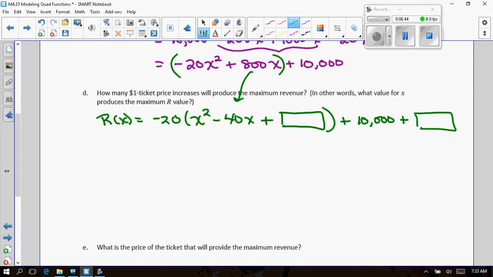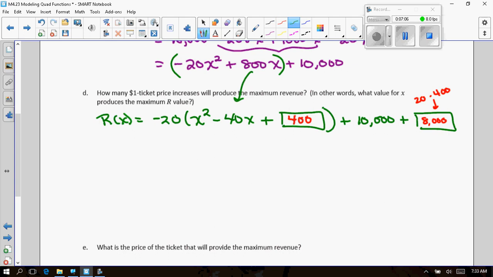So what do we have to fill into our box? Let's take 40, cut it in half, and square it. That gives me 400. But 400 times negative 20 gives me 8,000. I actually increased it by 8,000, so this is 20 times 400.